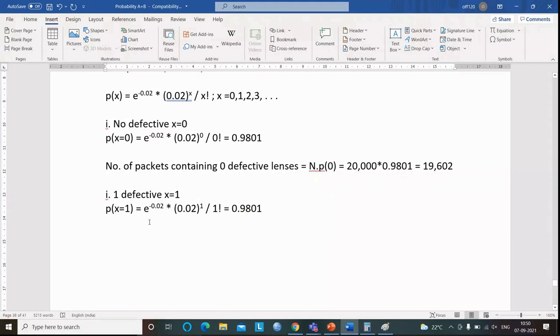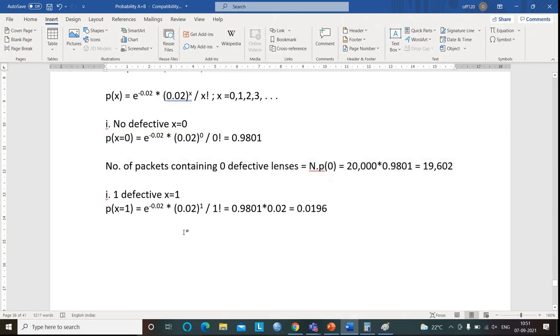That means e power minus 0.02 value is 0.9801 into 0.02 to the power of 1 is 0.02 into 1 factorial is also 1 again. By multiplying these two values, we get 0.0196. So this is the probability of getting one defective lens.